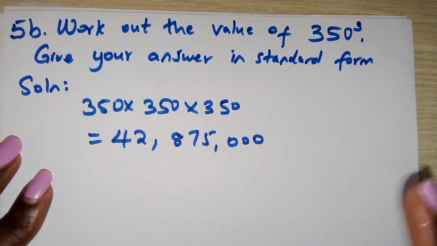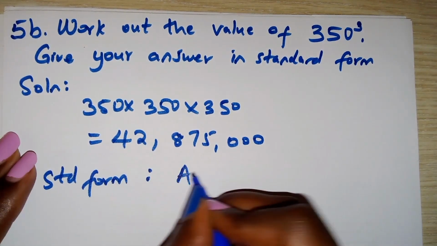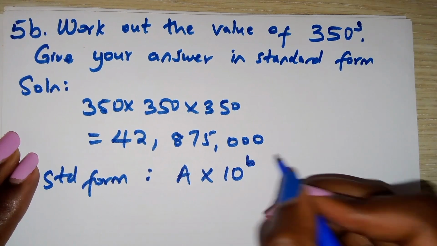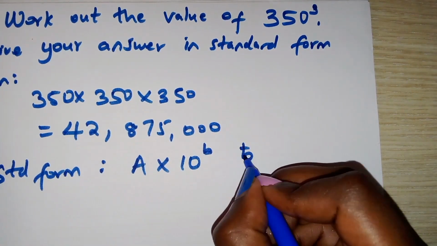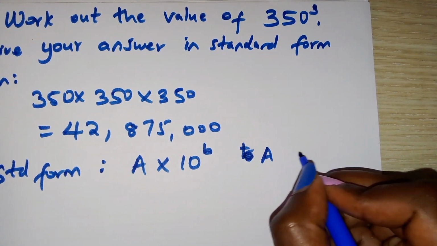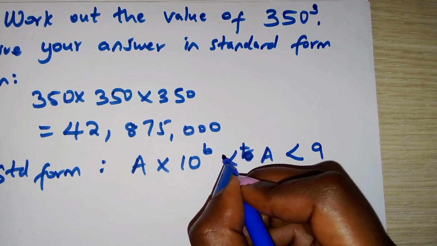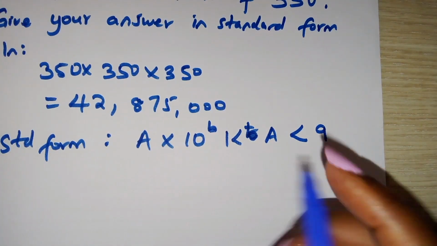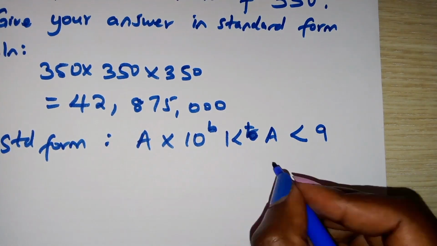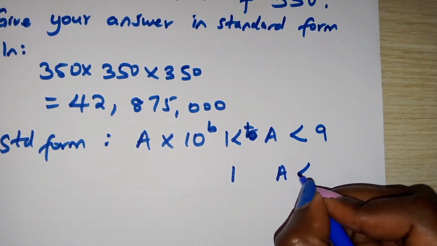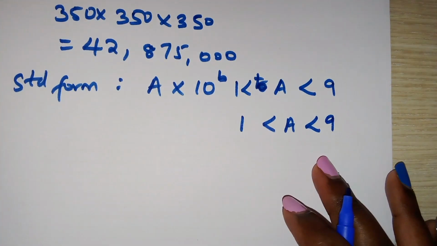Now to write it in standard form, it should be in this form: a times 10 to the power b, where a is between 1 and 9. The number should be not less than 1 and not greater than 9.